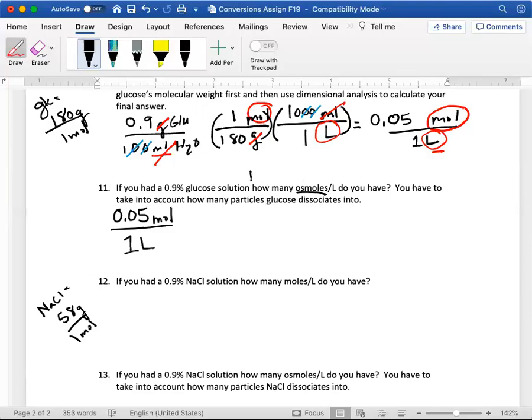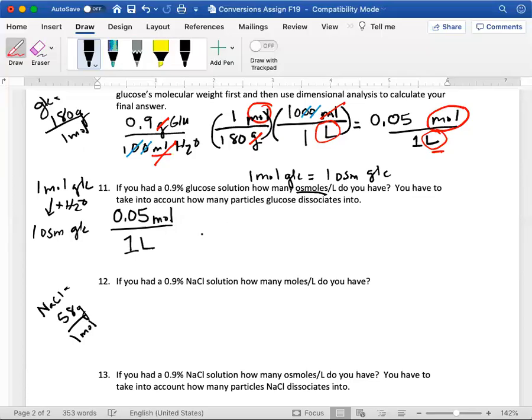Okay, so 1 mole of glucose gives you 1 osmole of glucose. Or we can write it to the left of this, 1 mole glucose, right? Add it with water, is going to give you 1 osmole of glucose.